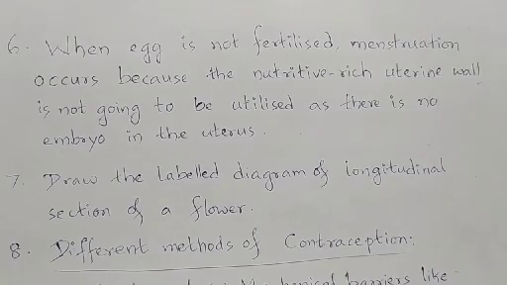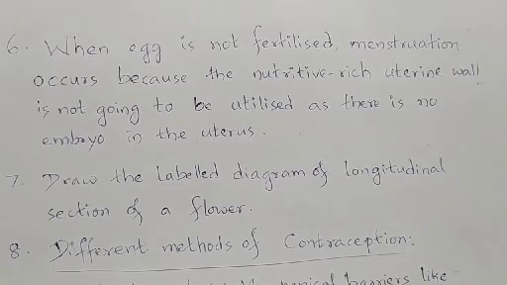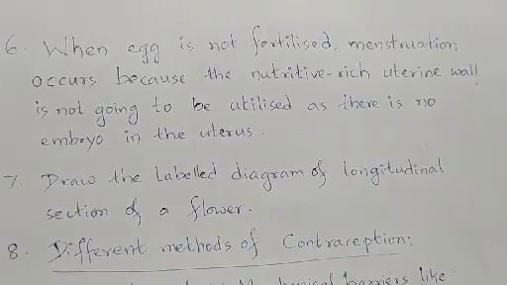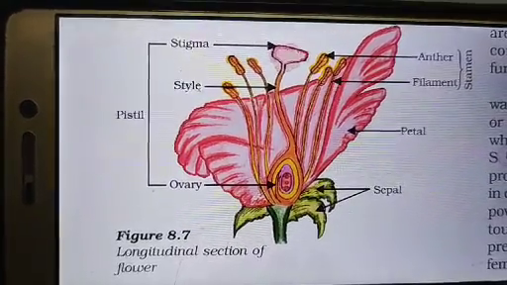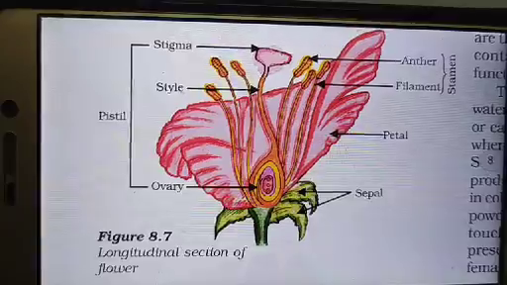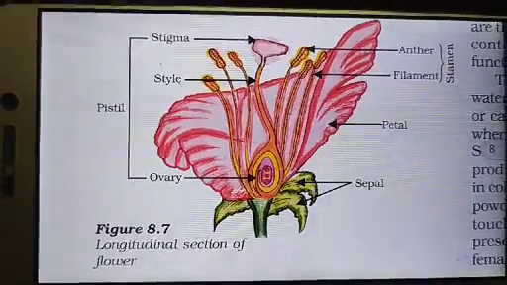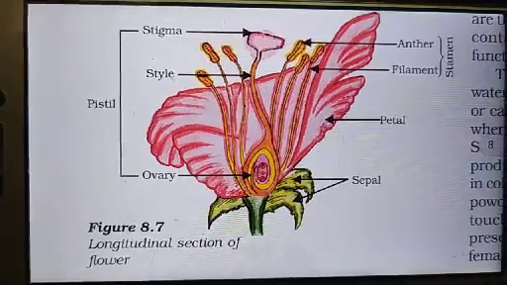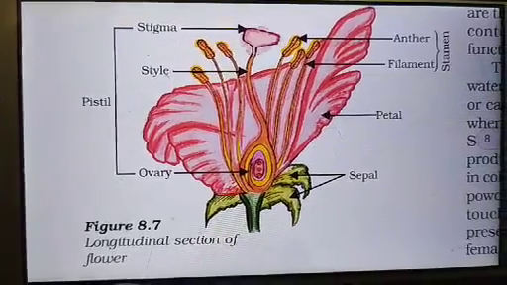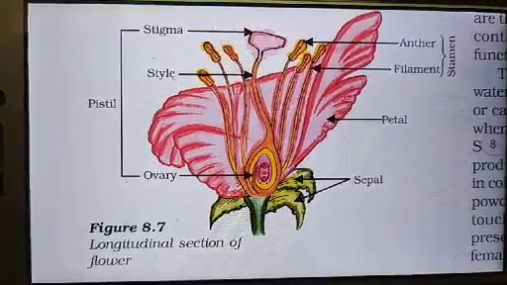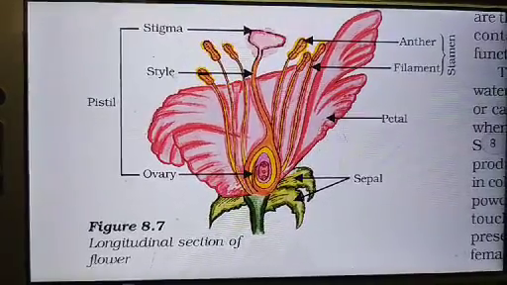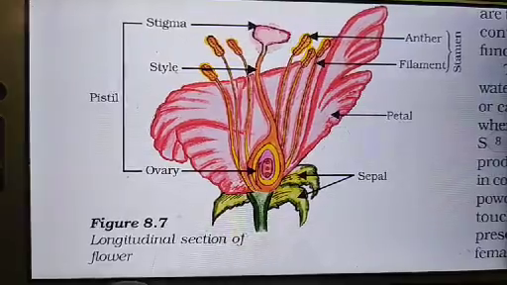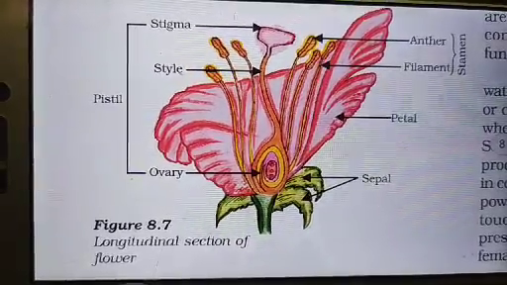Okay. Seventh question. Draw a labeled diagram of the longitudinal section of a flower. This is the longitudinal section of a flower. On page number 134 of your textbook, Figure 8.7, you can see at the bottom the sepals, green colored, and the brightly colored red ones are petals.